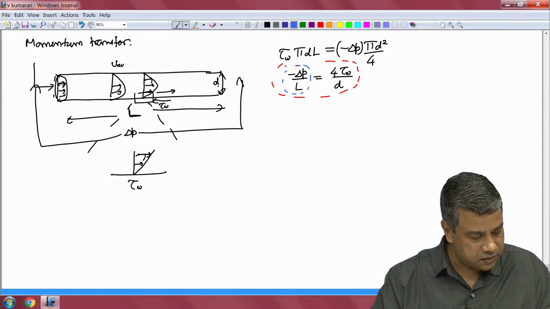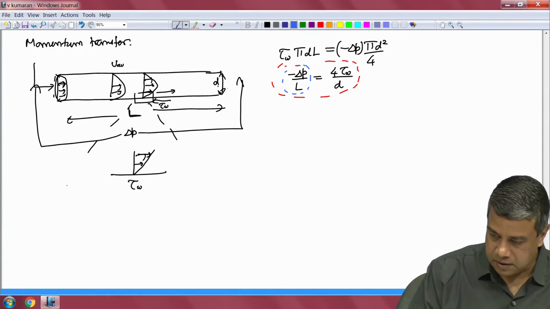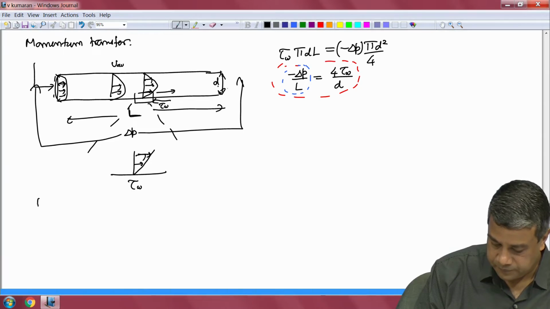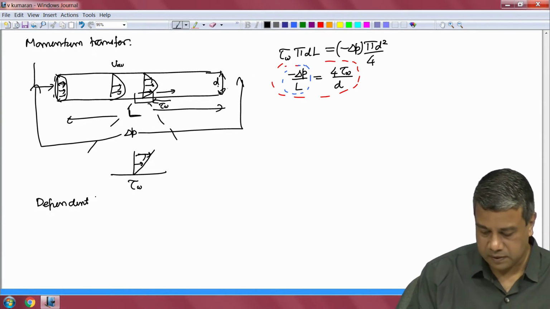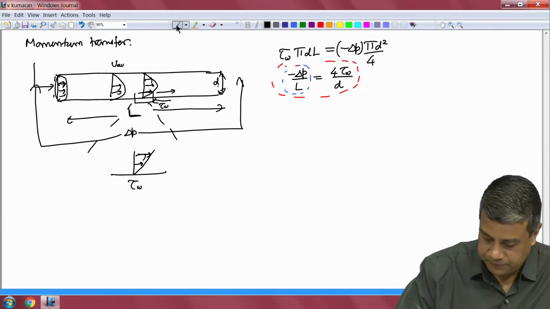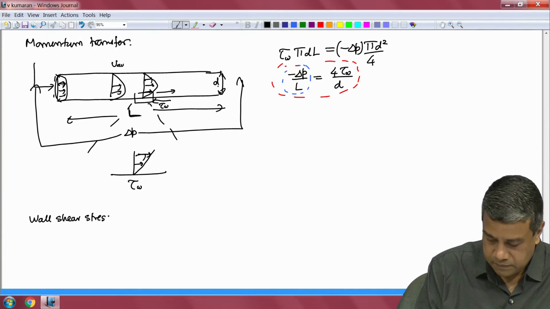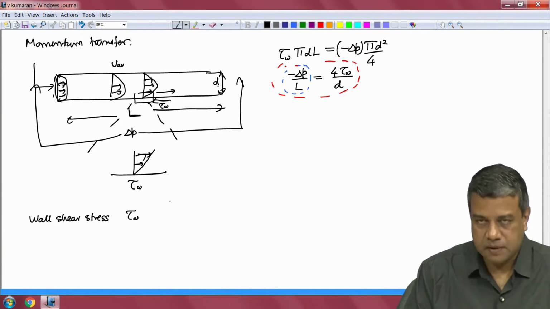So I can write the dependent quantity. Tau w is the dependent quantity.